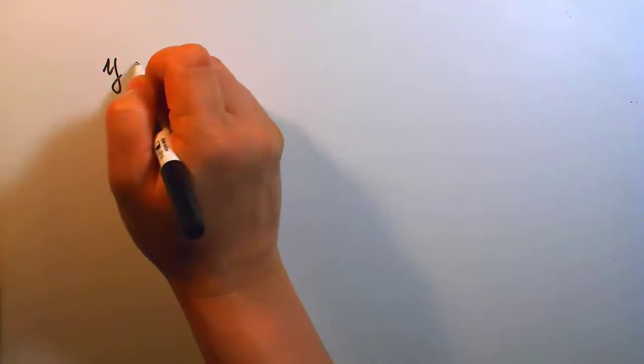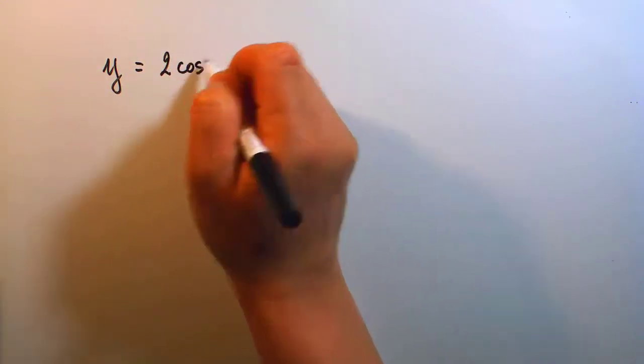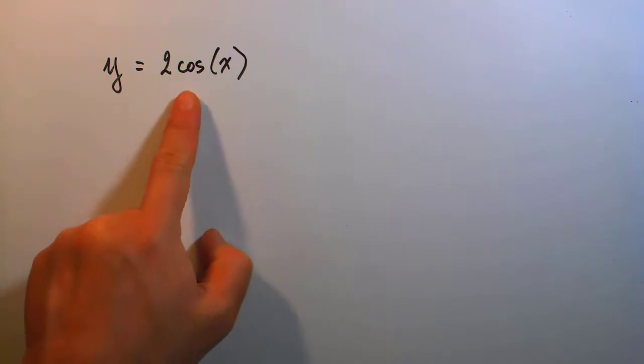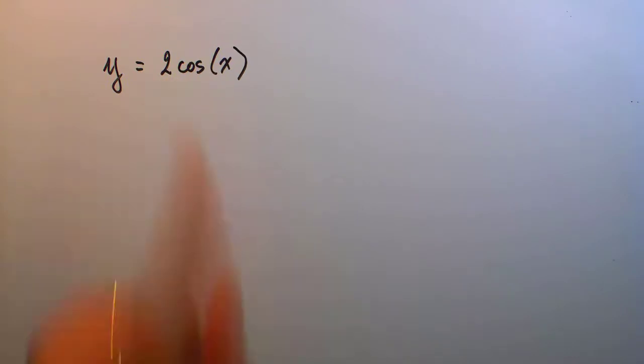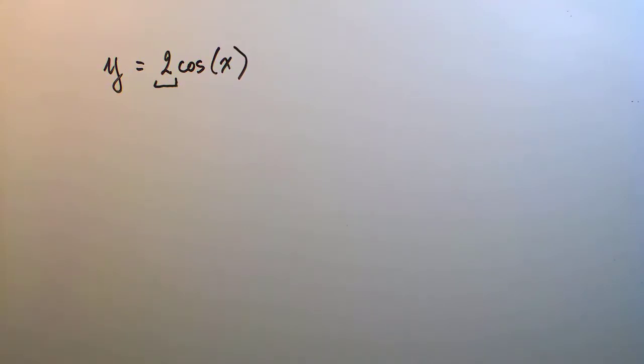In the same space with the original cosine of x, let's now graph the function y equals positive 2 cosine of x to see how the transformation is applied to the original cosine of x function by simply multiplying it with a coefficient positive 2.